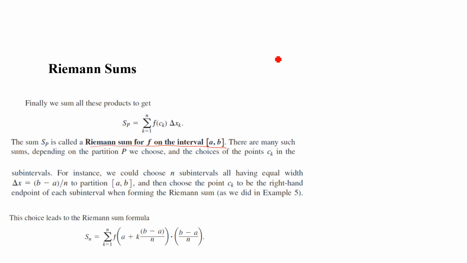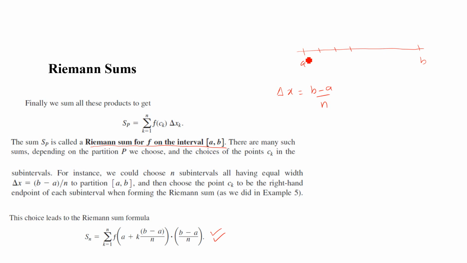For this choice, Sn will take this form. Now let's see how it takes this form. We have the interval a and b. Since we have n subintervals of equal length, the length of one subinterval is b minus a over n, which is delta x.